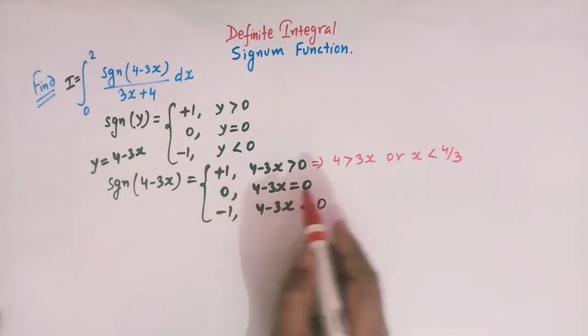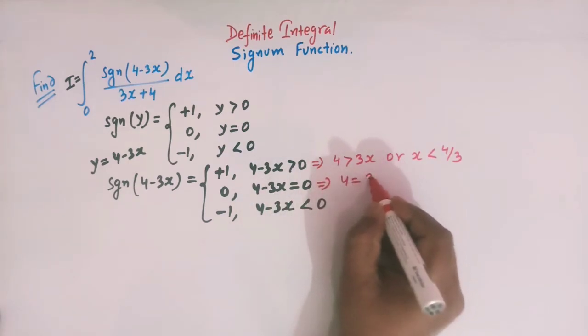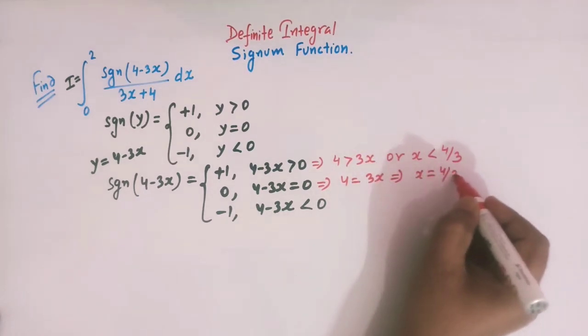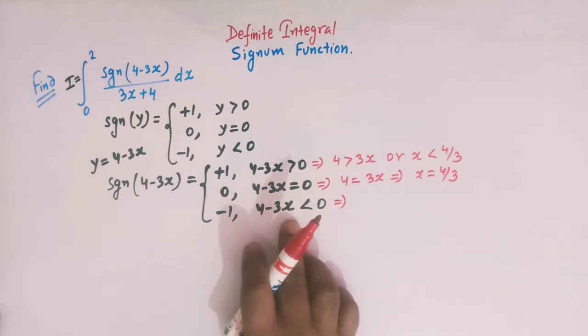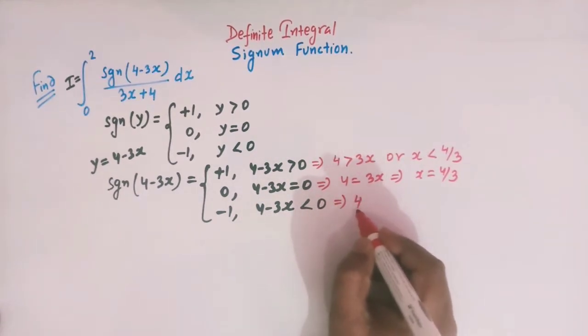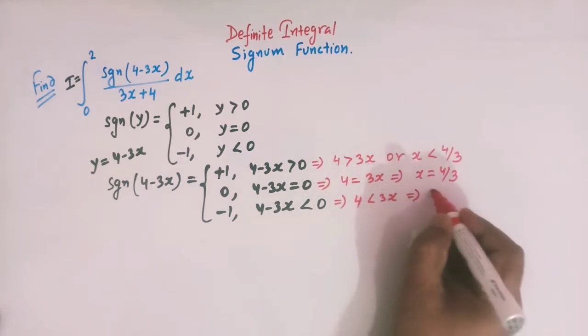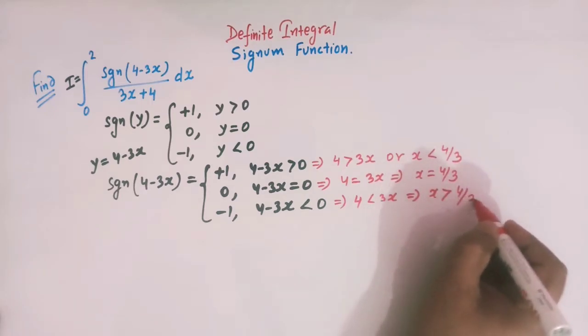And from this equation we get 4 is equal to 3x, or x is equal to 4 over 3. And we can solve this inequality by writing 4 is less than 3x, and it implies that x is greater than 4 over 3.